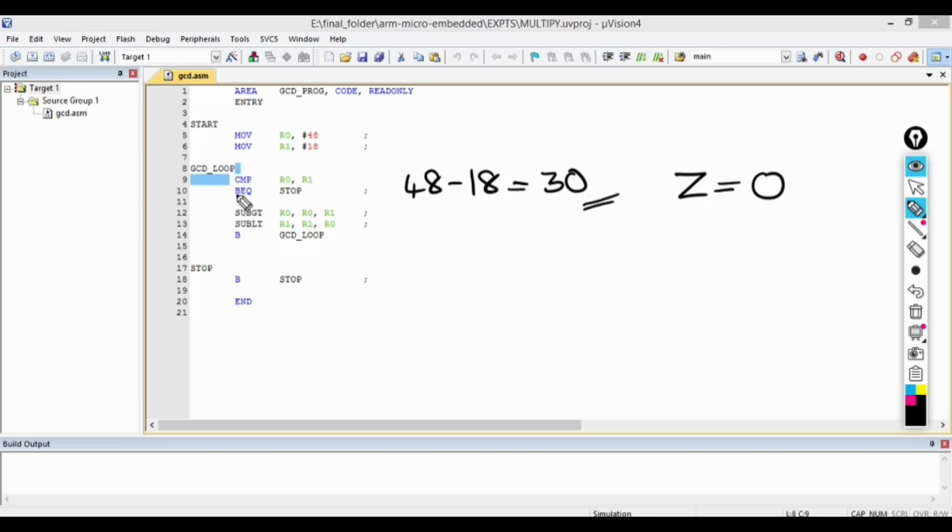We'll go here and see the condition: branch if equal to stop. This will work only if Z is 1. But because Z is 0, it will ignore this instruction and move on. Once this branch instruction is ignored, the next instruction we see here is subtraction. Both the statements here are subtractions only.